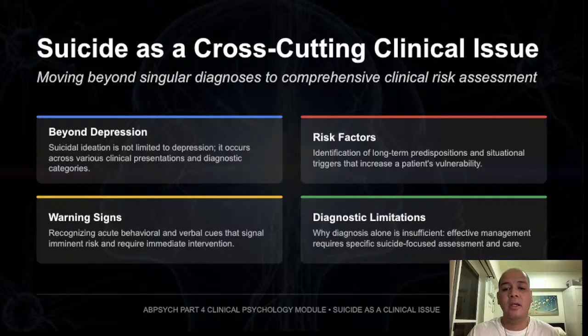That is why clinicians should never assume that diagnosis alone tells them everything about suicide risk. A person can have depression and no suicidal intent, while another person with a different diagnosis may be in very serious danger. So, when assessing suicide risk, we look at things like hopelessness, intent, planning.